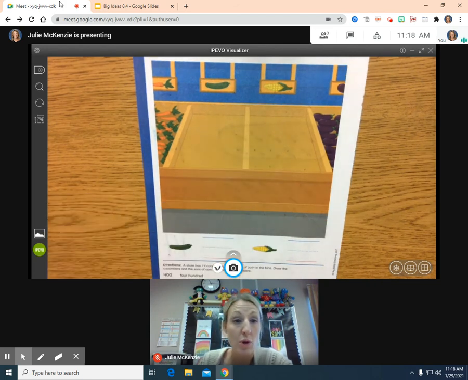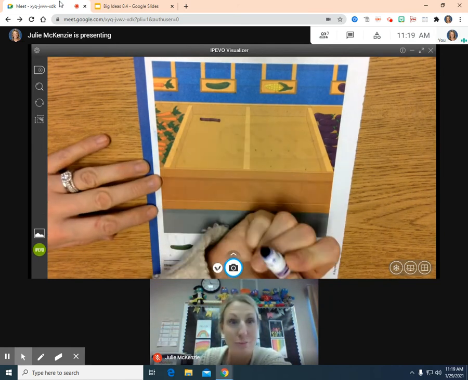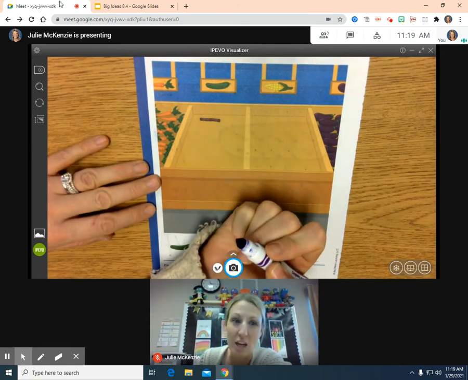We need to draw 14 cucumbers in this shelf. To draw my cucumber, I'm just going to make a line. Super simple. I'm not going to make it really look like a real cucumber.